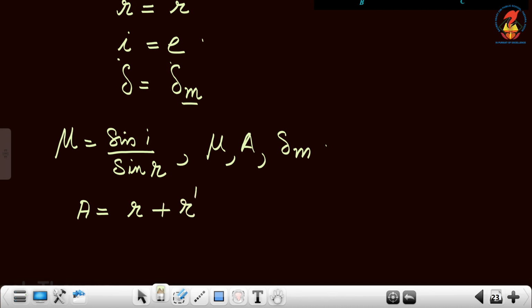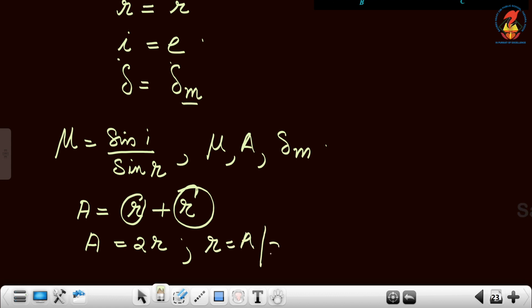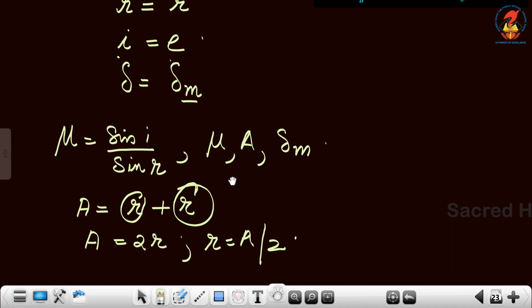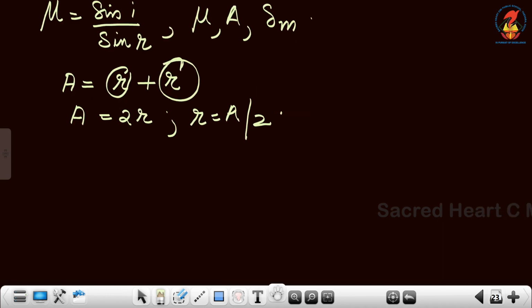Now, at minimum deviation angle, R will be equal to R dash. So, we can write A is equal to 2R, or R is equal to angle of a prism divided by 2.